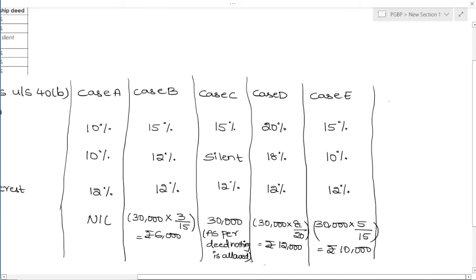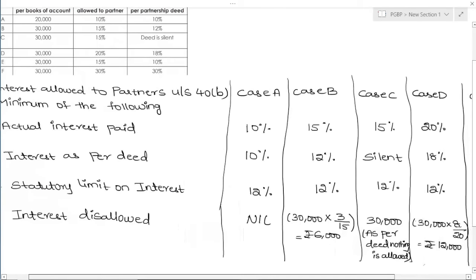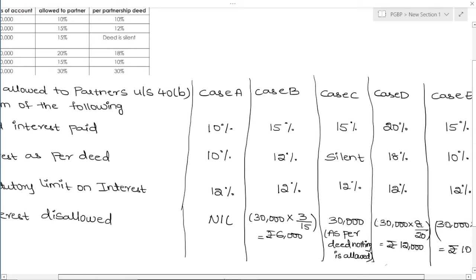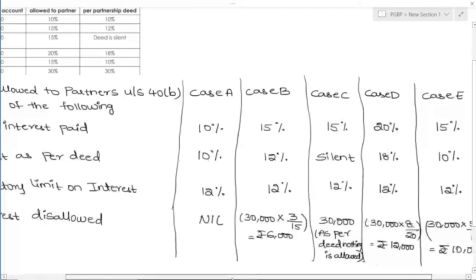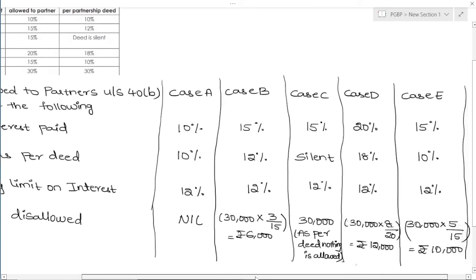Okay. This way we should understand the topic. Clear? Absolutely clear. Chalo. So what happened? We understood 10,000 is the disallowed amount.